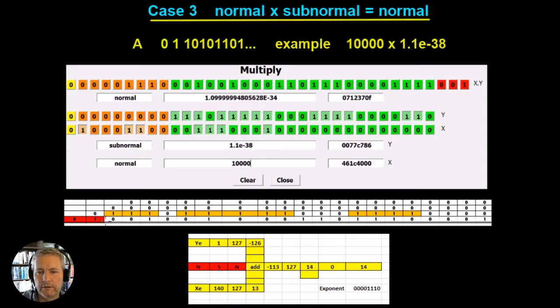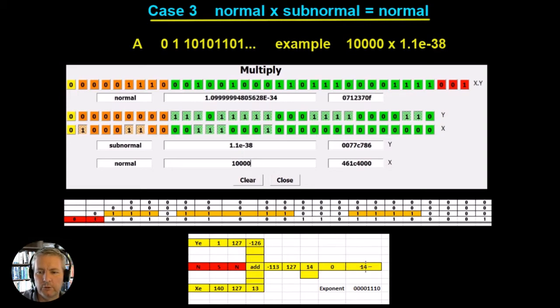And we can see that the actual result is going to be just a value 00100, and that's what we've got here, 00100. So we don't need to do anything with the biasing, because this number here is already normalized. It's a normal number and the leading value here is a 1.